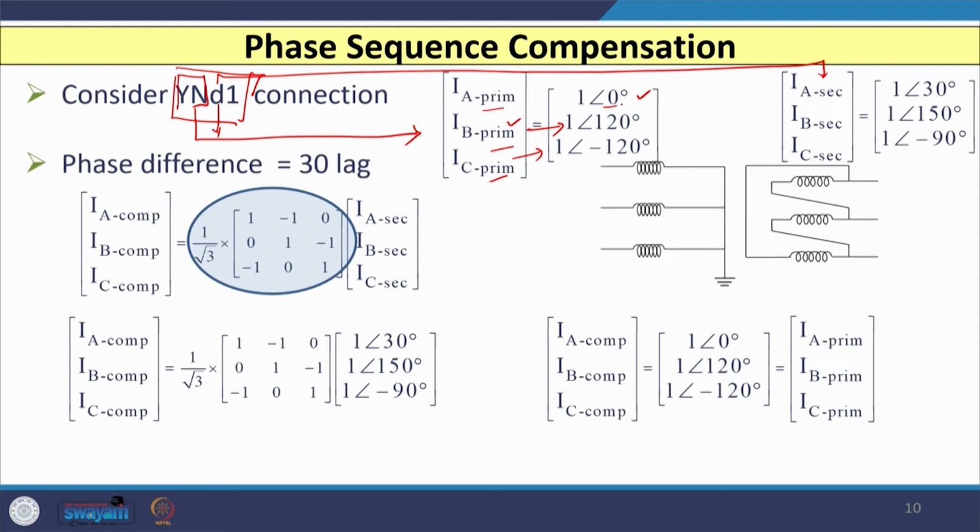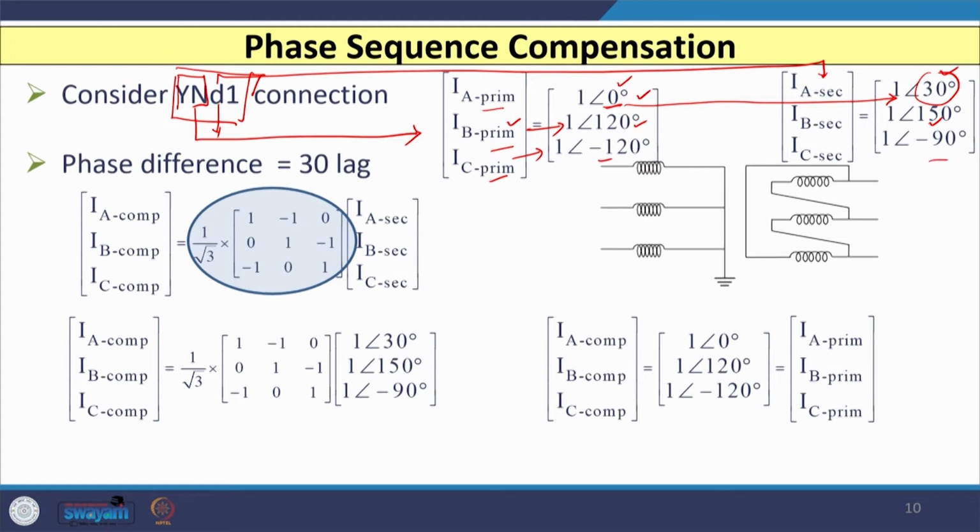So, compared to this, you can see that here the phase shift is 30°. This will start at 0°, whereas this will start after 30°. Same way for B phase, on the primary side it will start at 120°, whereas this will start at 120 plus 30, that is 150°, and the same is the case with the C phase.